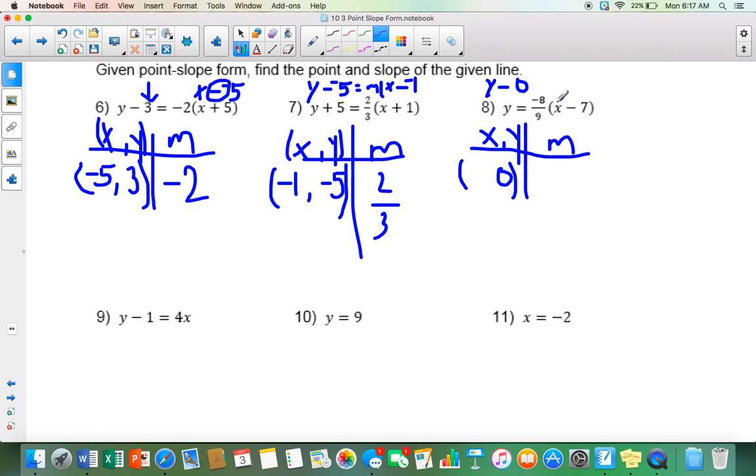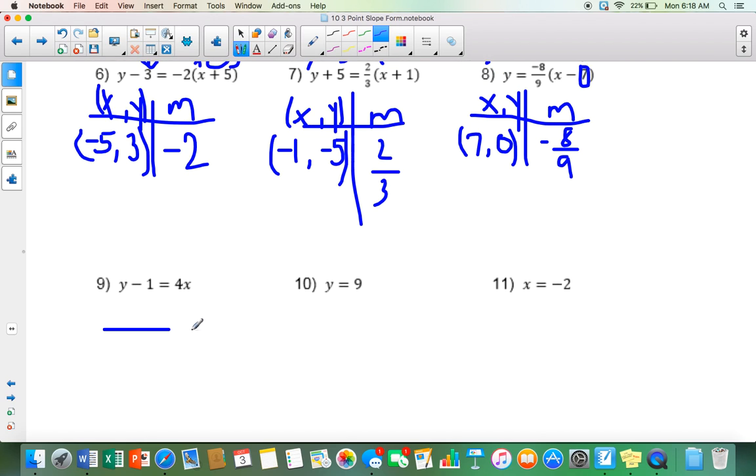So obviously I have a 0 here, and then x minus 7. So I know that it is a +7 because we just placed it right into our formula, x minus x1. And then we see our slope is -8/9. Okay?